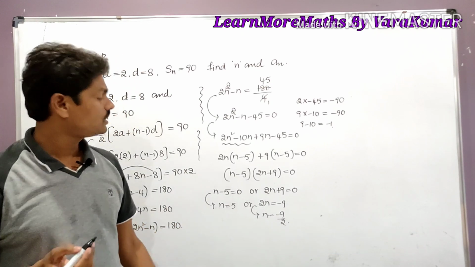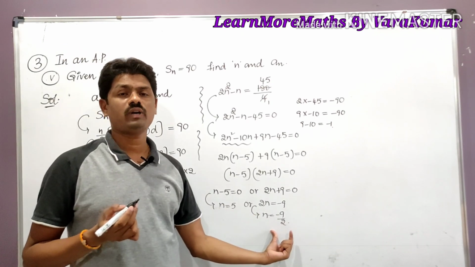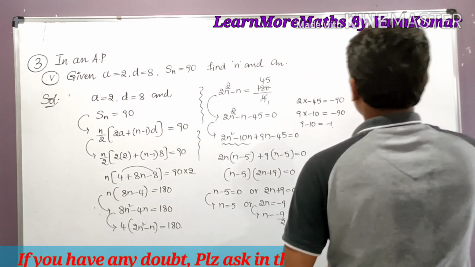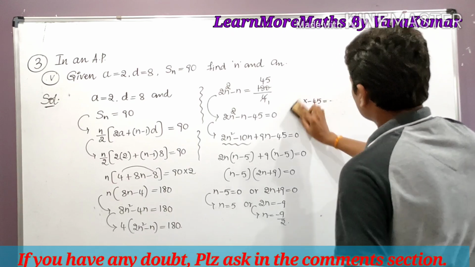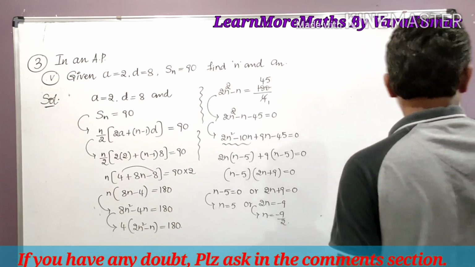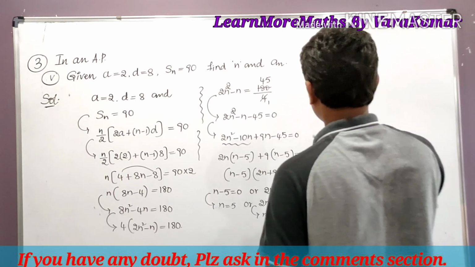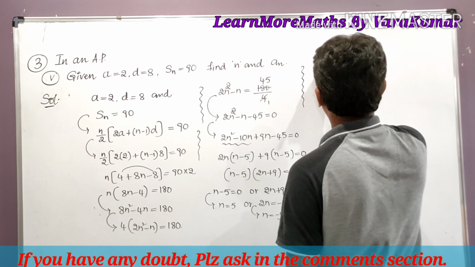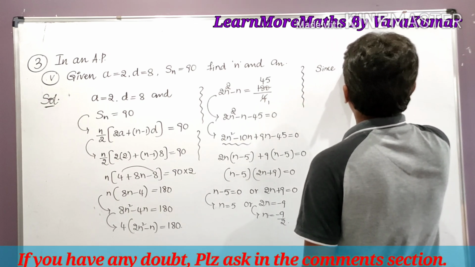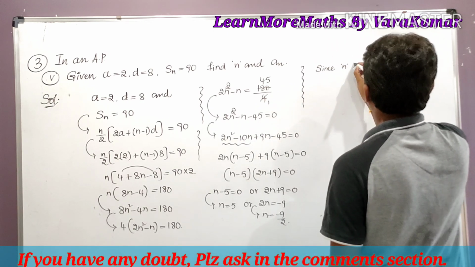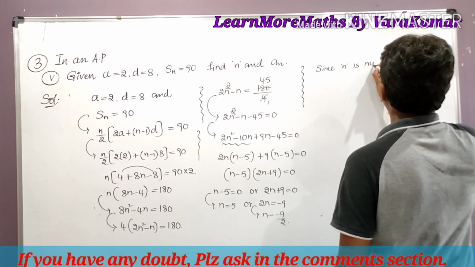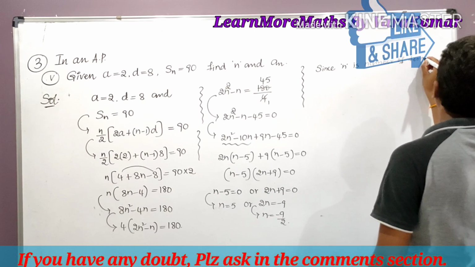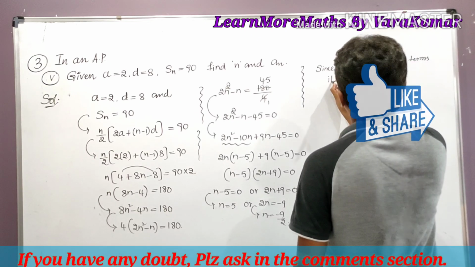So we have to take n is equal to 5 as the correct value; n is equal to minus 9 by 2 is not our n value. We have to take n is equal to 5 as the correct value, student, since n is the number of terms, it must be a positive integer.